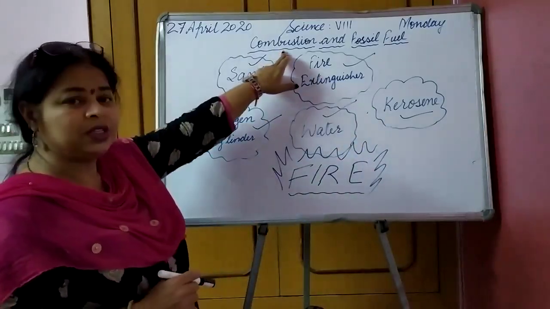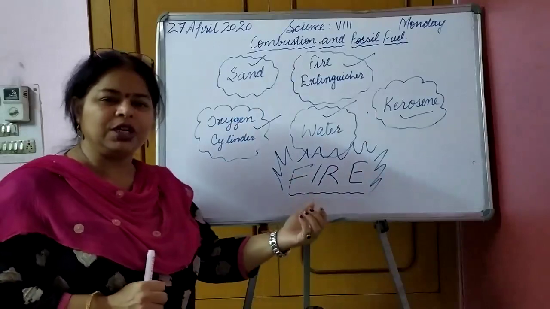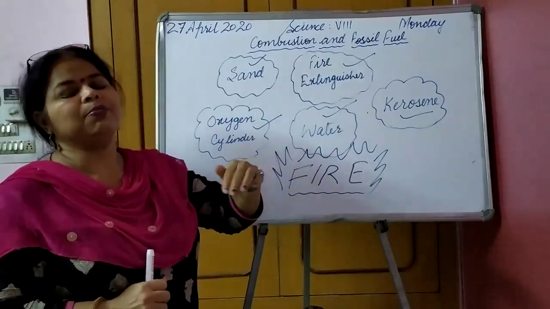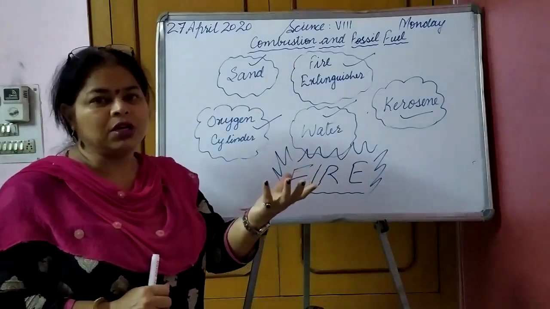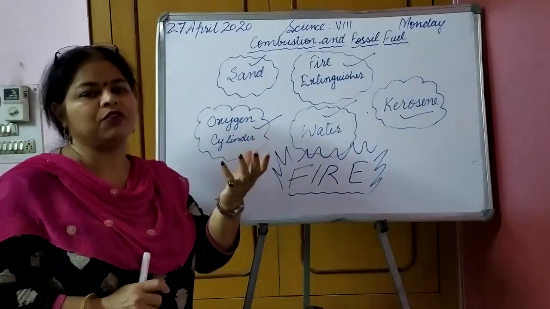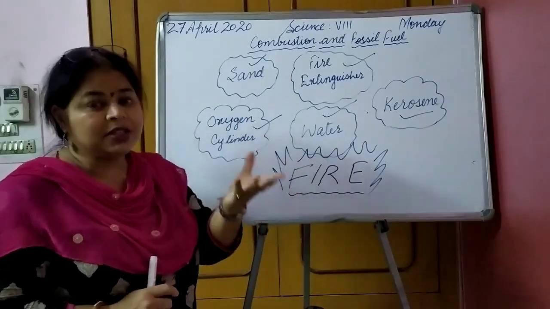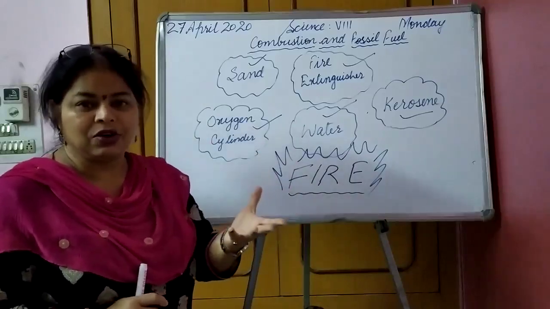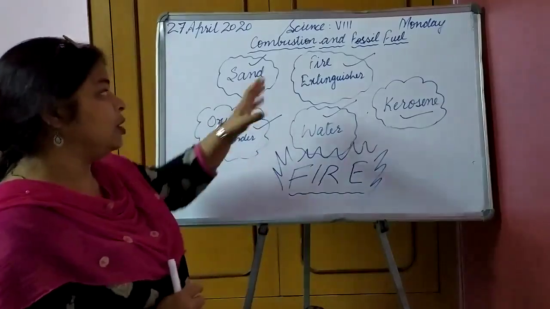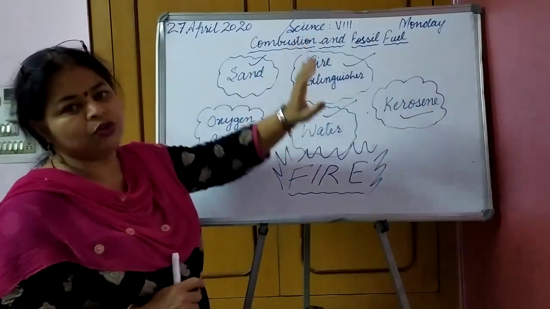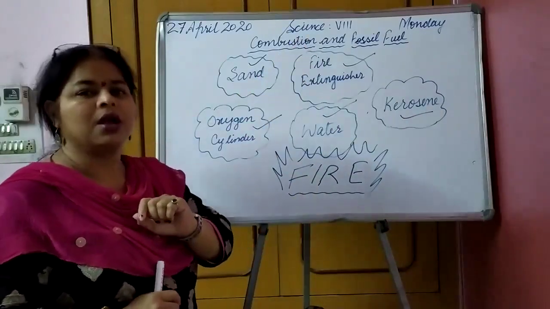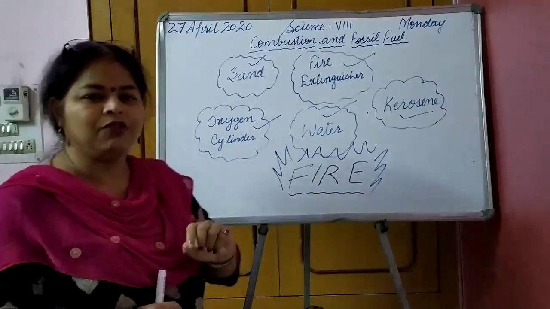Combustion is the burning of a substance which has a supporter of burning, like the presence of oxygen, and heat and light are evolved. Such a phenomenon is known as combustion. So today we are going to study combustion and fossil fuel.